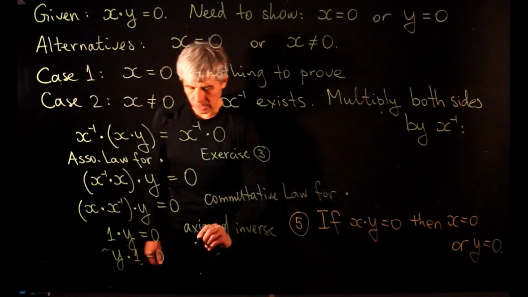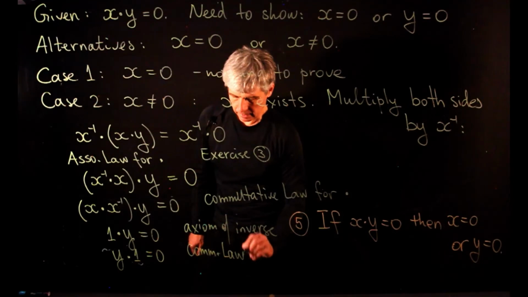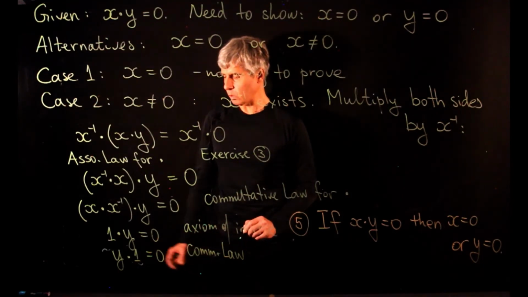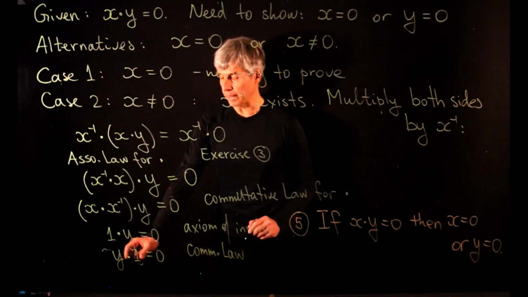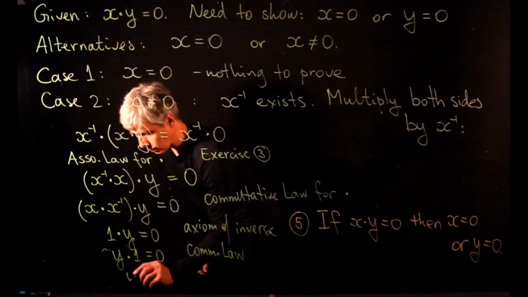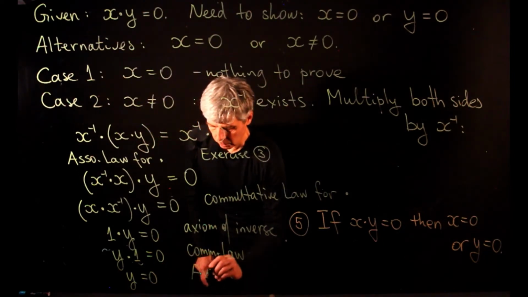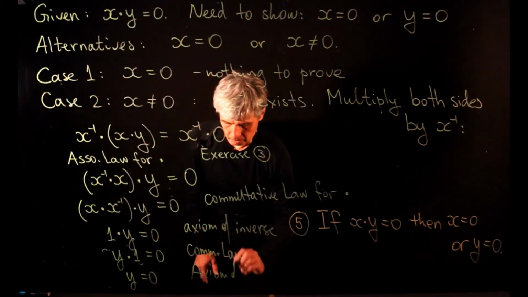And this is equal to 0. So this is, again, the commutative law. And finally, we can use the axiom of 1, that y times 1 is equal to y. And we get y is equal to 0. So here we use the axiom of 1.